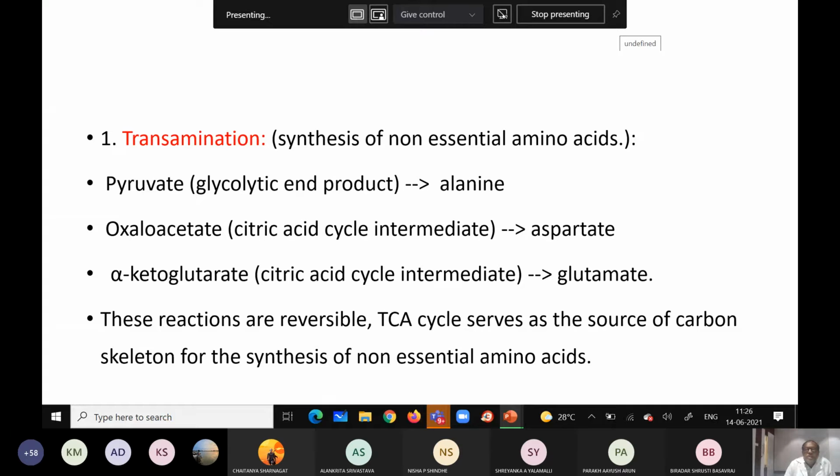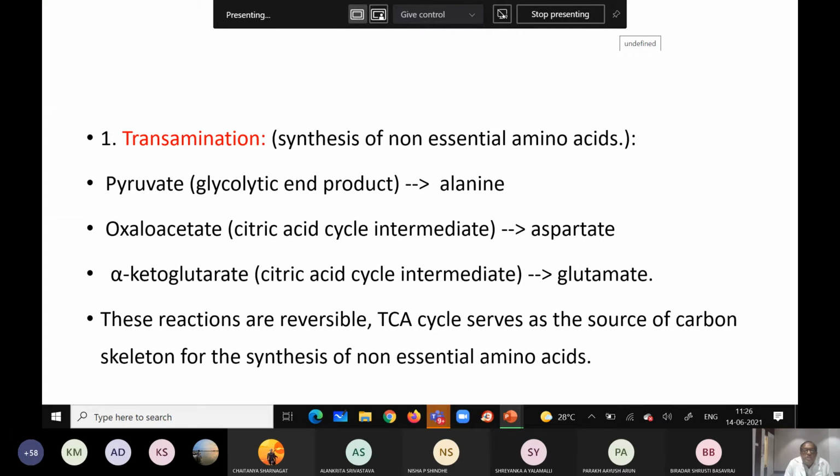This function applies to the synthesis of non-essential amino acids, and in that, pyruvate will be converted into alanine. That is the transfer of the amino group from the amino acid to the keto acid.